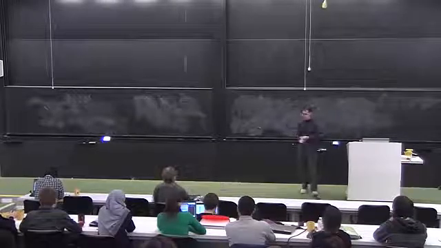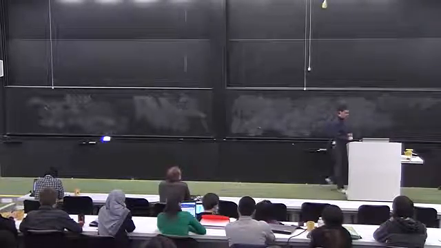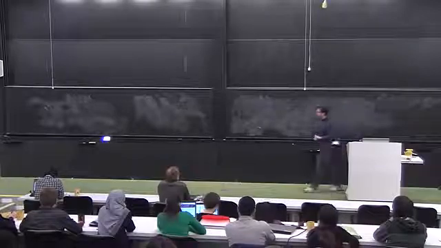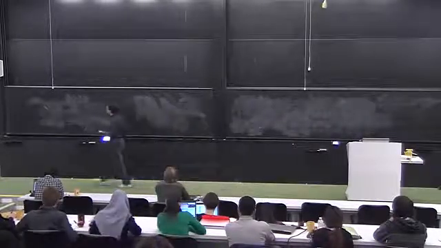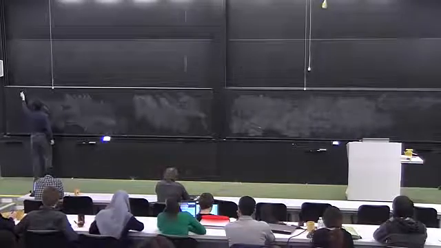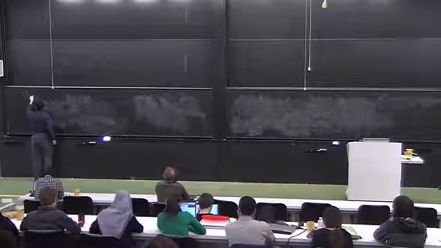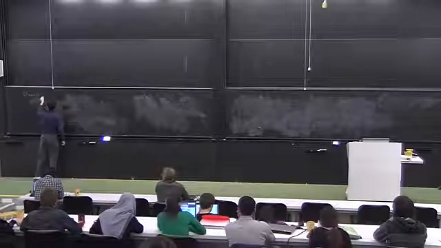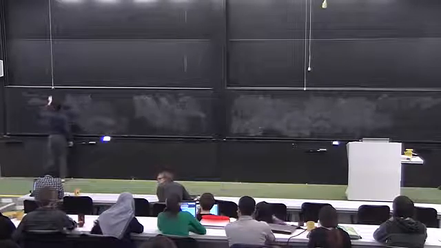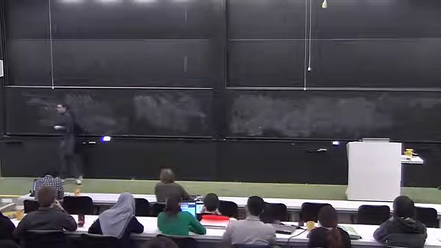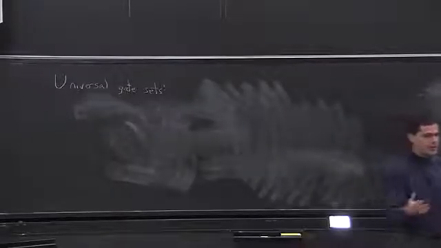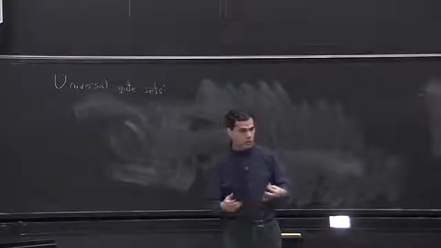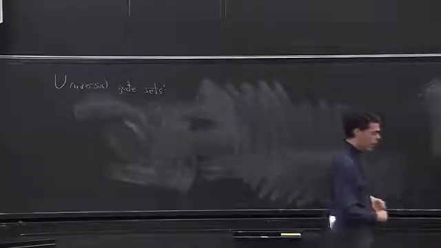So that actually ties into what I wanted to start with today, which is universal gate sets. So I said some of this already yesterday. Yesterday I introduced to you a bunch of basic gates, basic building blocks that you can use to make quantum circuits or classical circuits.